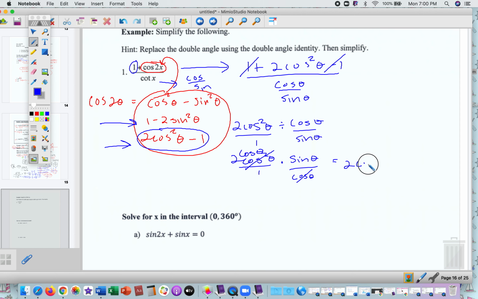So we have 2 cos theta times sine of theta. And if we go back to look at our identities, 2 cos theta sine theta is the same as sine 2 theta. Right? 2 sine theta times cos theta. These are the same, and that equals sine 2 theta. Let's look at the next one.